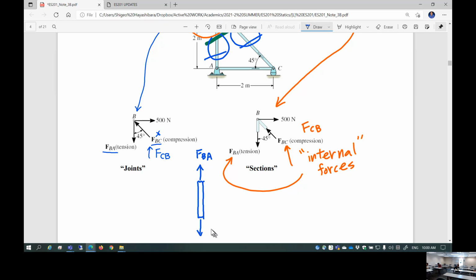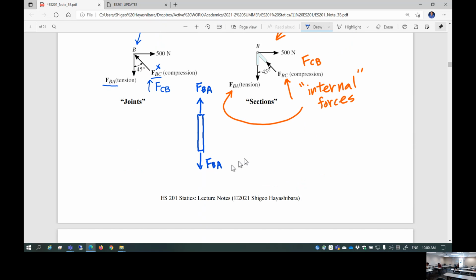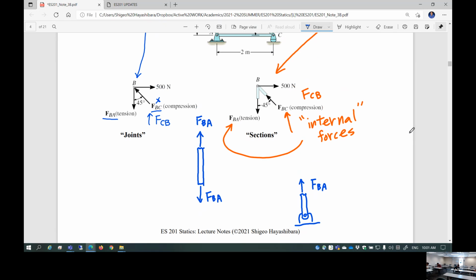This is also same and opposite FBA shows up. And this side is pin. Obviously, same and opposite FBA shows up. So think about that.